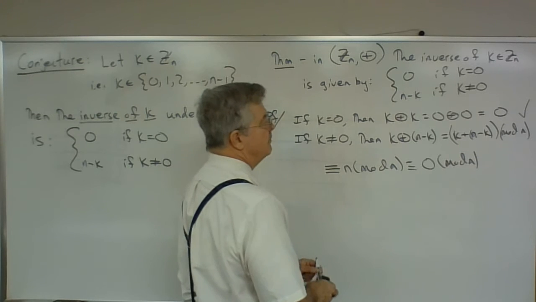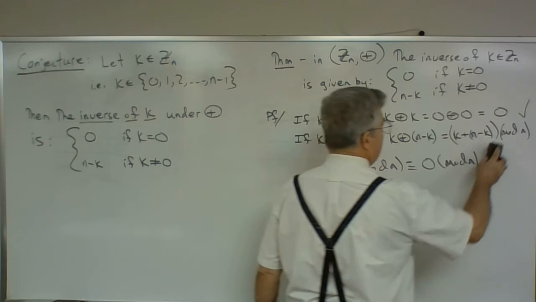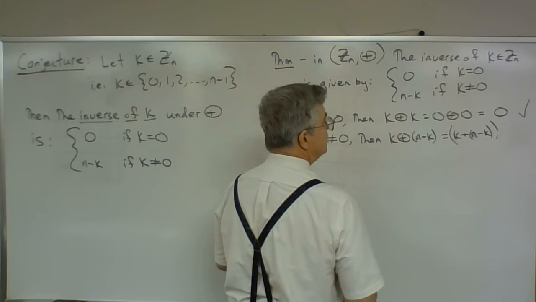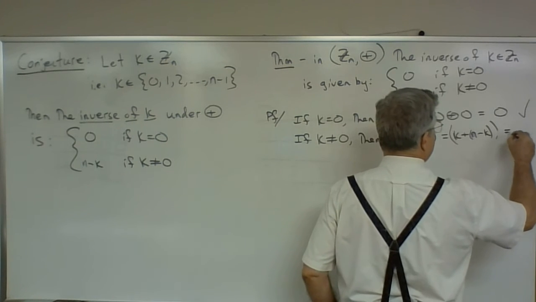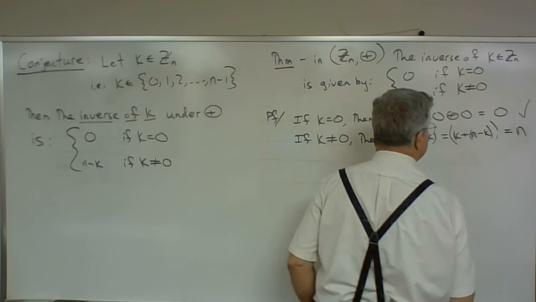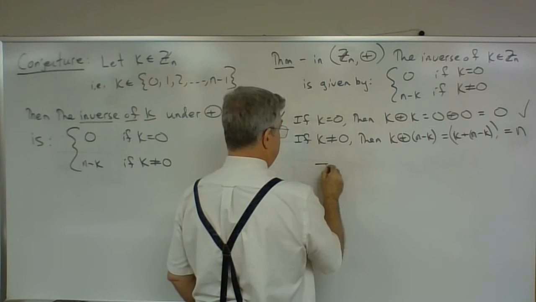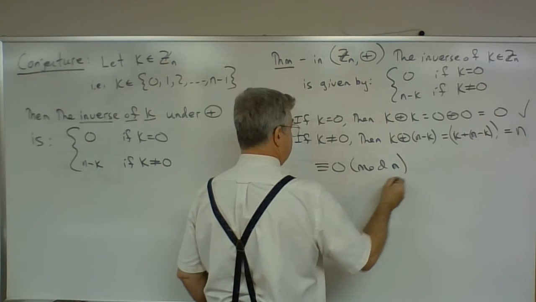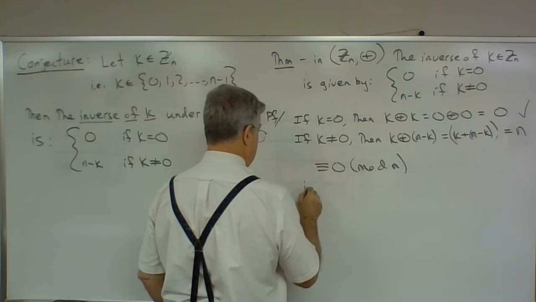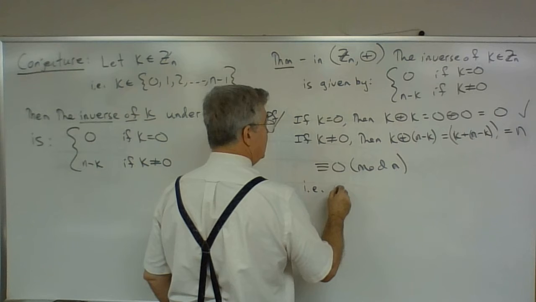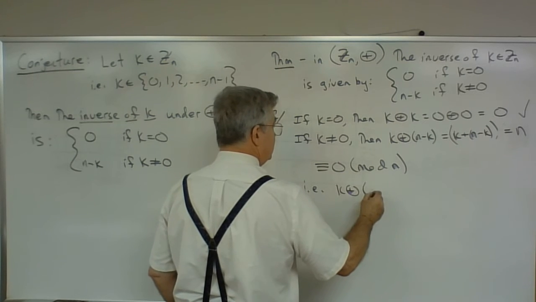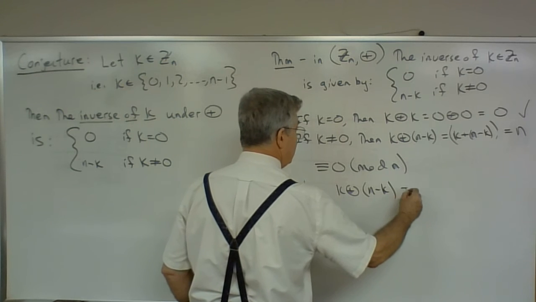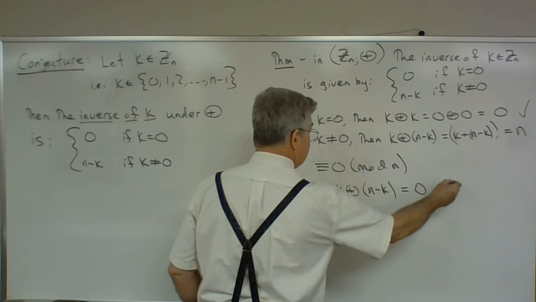I'll tell you what, forget about this mod n stuff. We'll just write that that's equal to n. And then we'll just say that's congruent to 0 mod n. So k plus n minus k mod n is equal to 0, the identity.